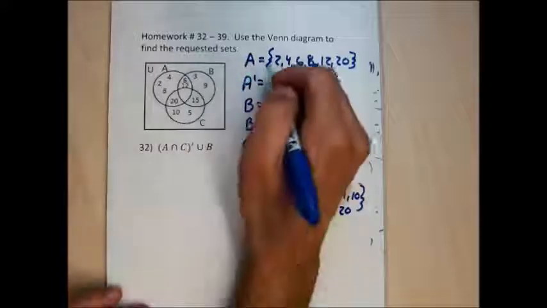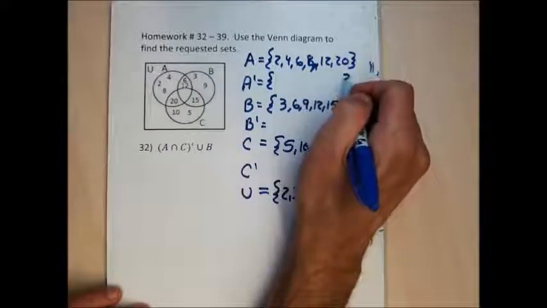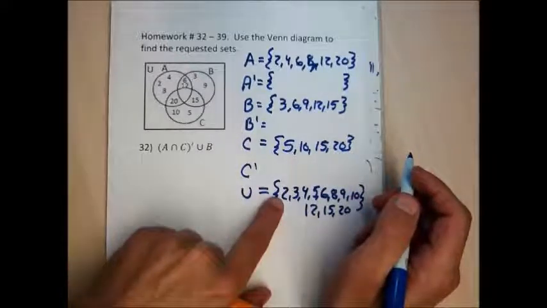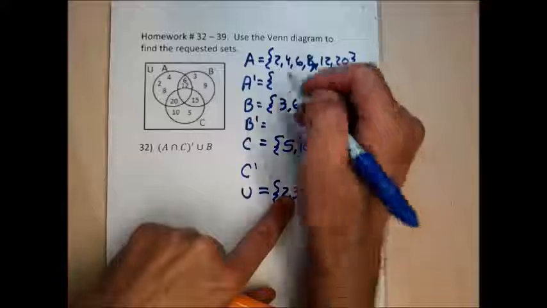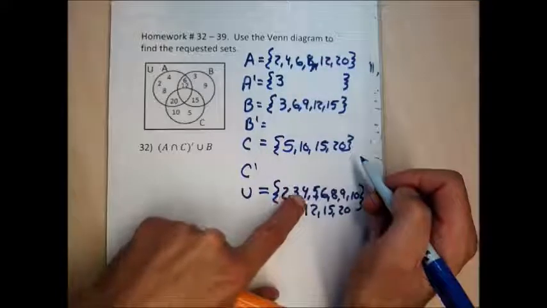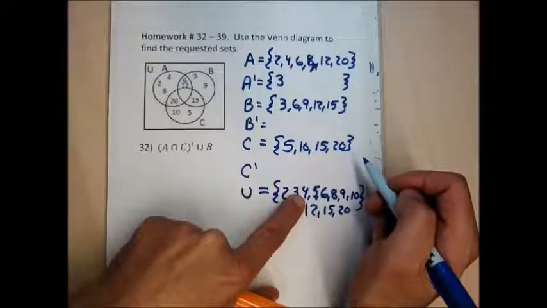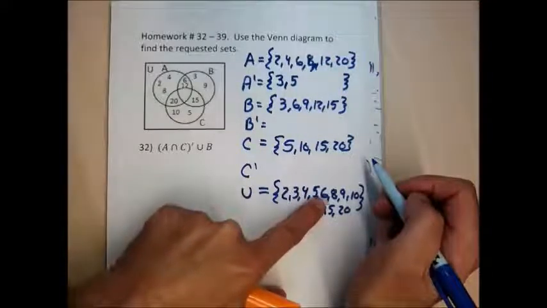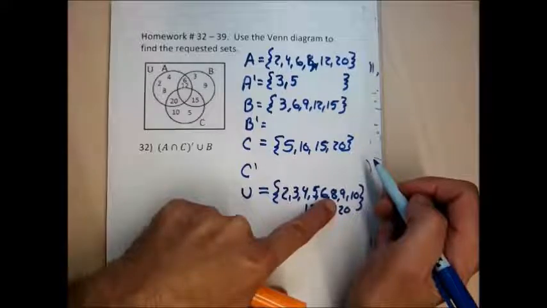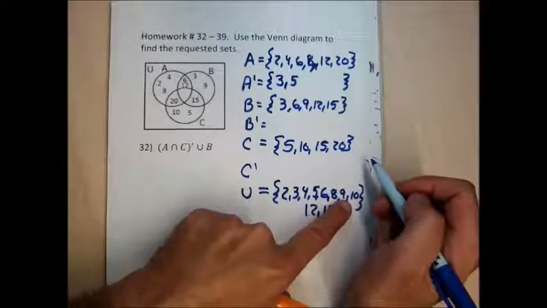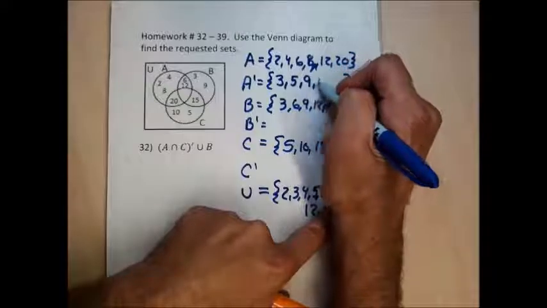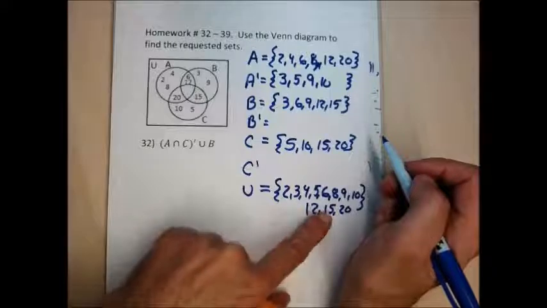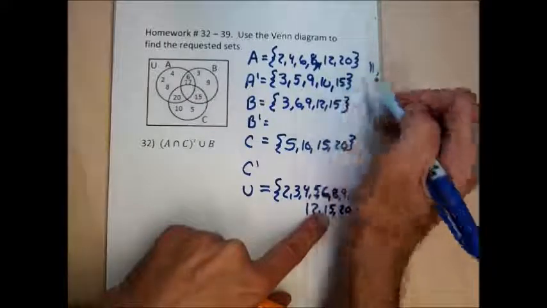To do A complement, I'm going to start going through the universal set, and anything that's not an A I'm going to include. 2 is an A, it won't be part of A complement. 3 is not in A, so it's part of A complement. 4 is in A, it's not part of A complement. 5 is not in A, it's part of A complement. 6 and 8 are in A, they're not part of A complement. 9 and 10 aren't in A, so they're part of A complement. 12's in A, so it's not part of the complement. 15 is not in A, so it's part of the complement.